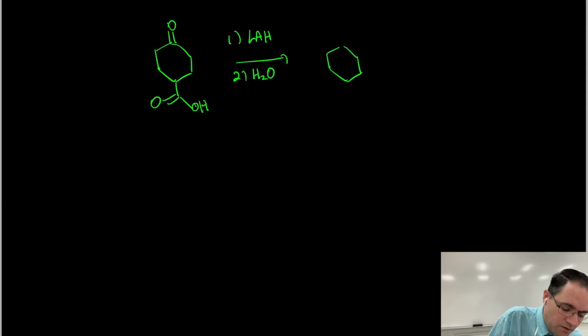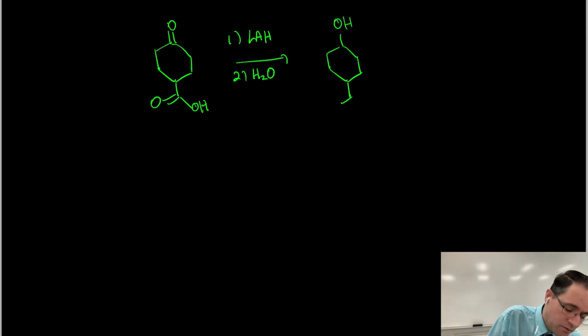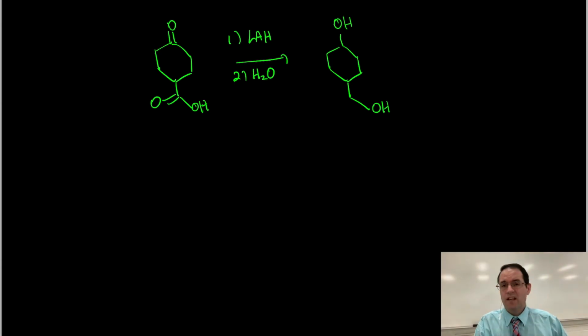But here's the product that you would get. So remember, lithium aluminum hydride reduces ketones to alcohols, and it also reduces carboxylic acids to primary alcohols. Borane will selectively reduce the carboxylic acid.